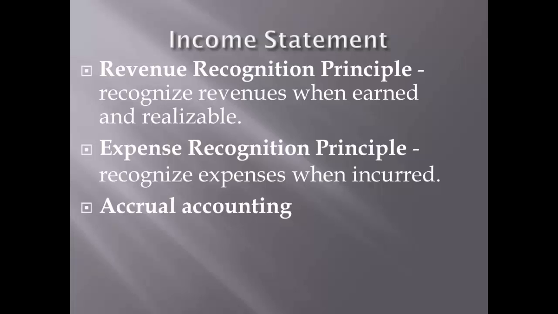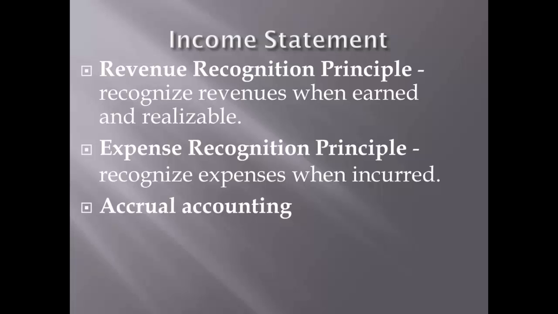For retailers such as Target or Marshalls, revenue is generally earned when title to the merchandise passes to the buyer. For example, when the buyer takes possession of the merchandise.